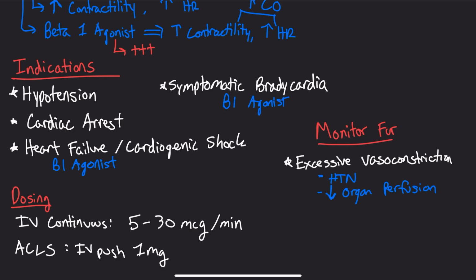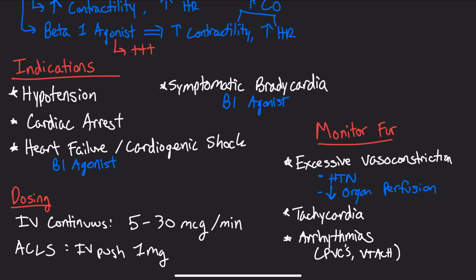Other things to monitor for are going to be tachycardia. Remember, especially if you're starting this on a patient who is hypotensive but already a little tachycardic, you don't want to cause excessive tachycardia with that beta 1 activation. Along the same lines as tachycardia are arrhythmias, from increasing the excitability of the heart with that beta 1. So you can look out for things like PVCs, maybe short runs of VTach, things of that nature.